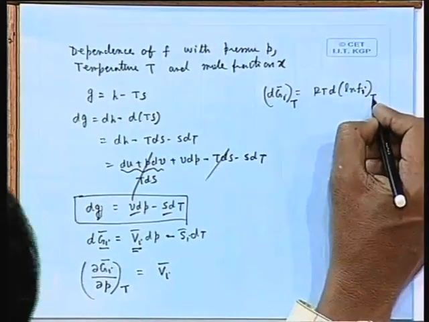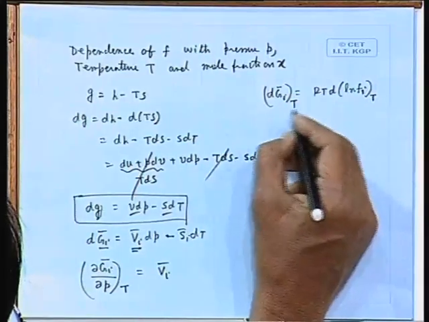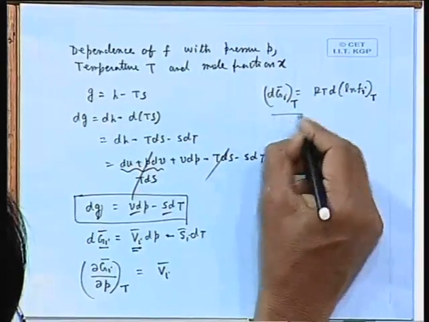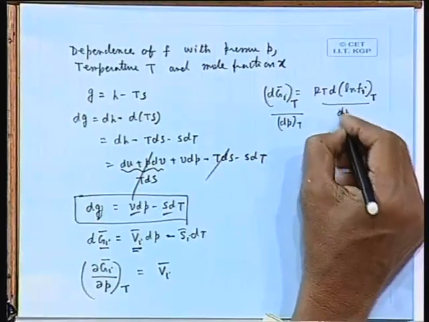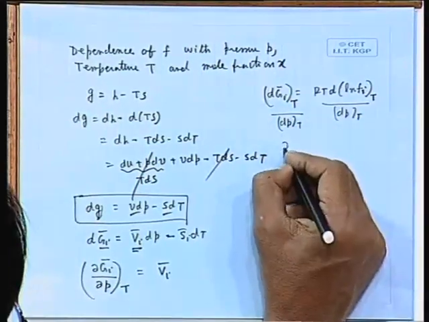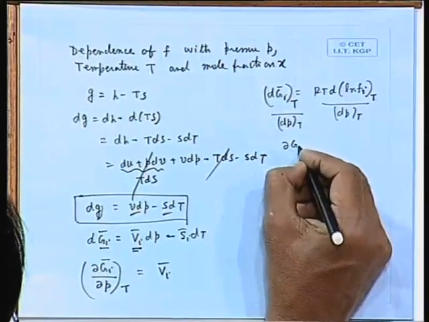Now here if I divide it by dP at constant temperature, that means divided by a change in pressure at constant temperature, then we can write this integration of ∂Gi bar/∂P at constant T as R ∂ln Fi/∂P, at constant temperature.